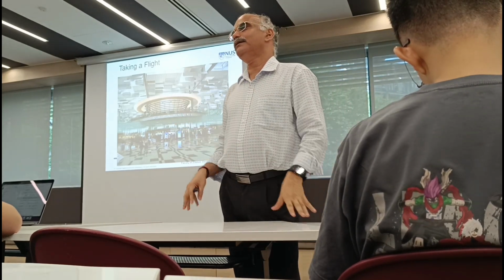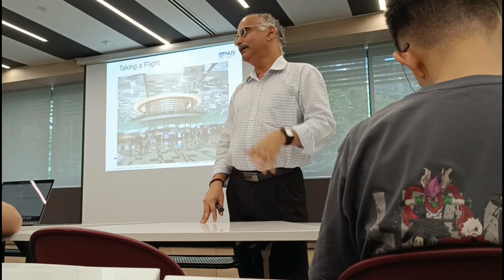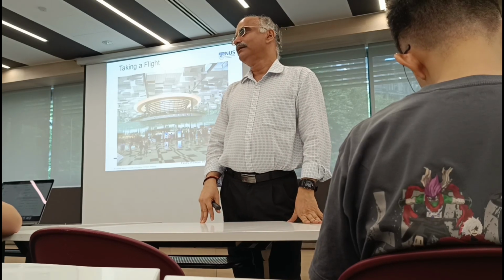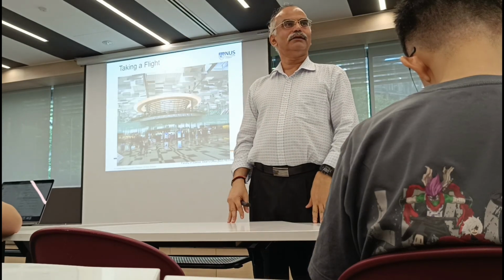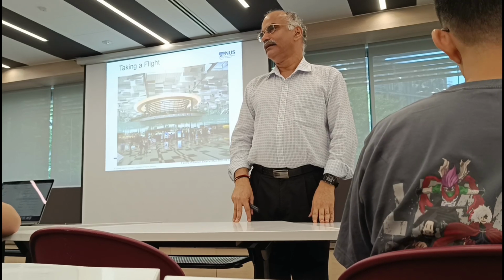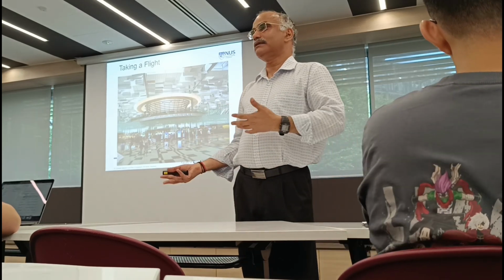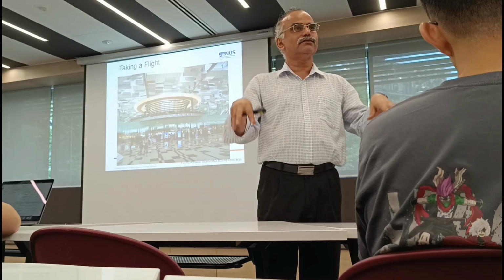And how many passengers usually go with a flight? Like an A380, how many passengers? A380 is a double-decker one, right? And how many people can sit in that? Usually 500 or plus. Some actually go up to 600, depends on the seating arrangement.